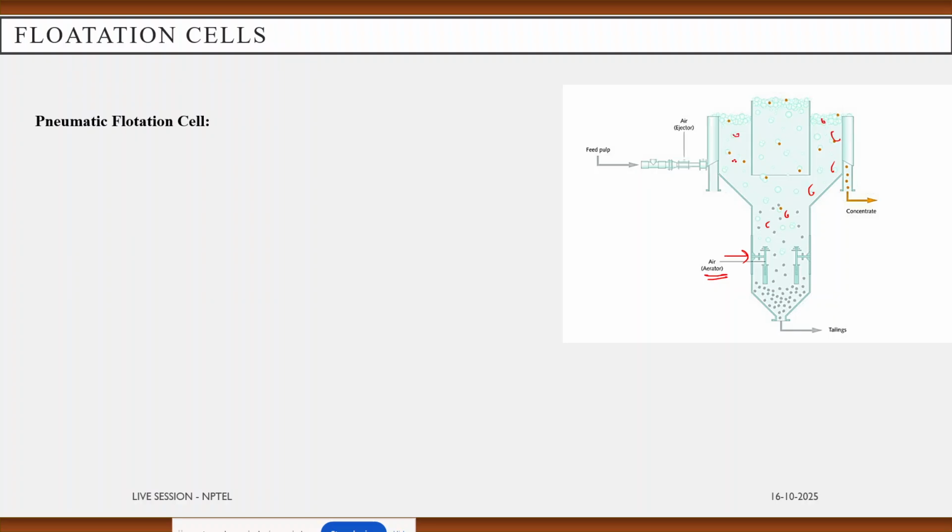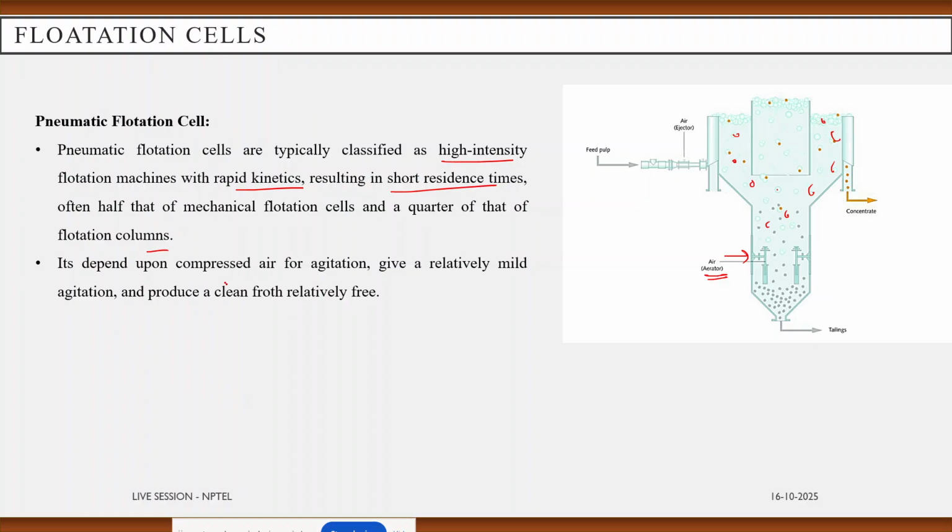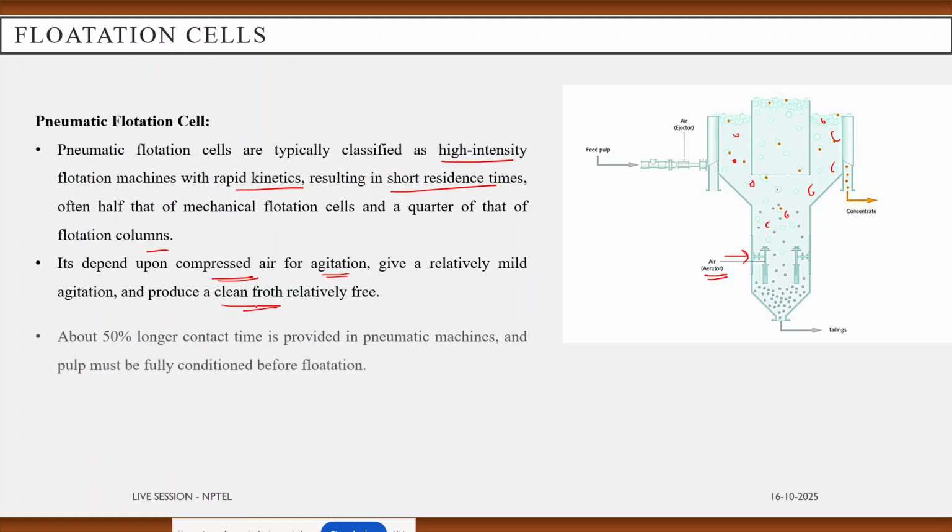There is no mechanical rotor, and pneumatic cells are typically classified as very high intensity flotation mechanisms with rapid kinetics, resulting in shorter residence times, often half that of mechanical flotation cells and a quarter that of flotation columns. It depends upon compressed air for agitation, gives a relatively mild agitation and produces a cleaner froth, relatively free.